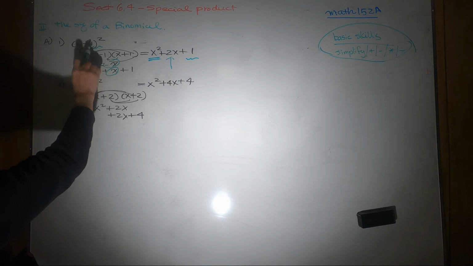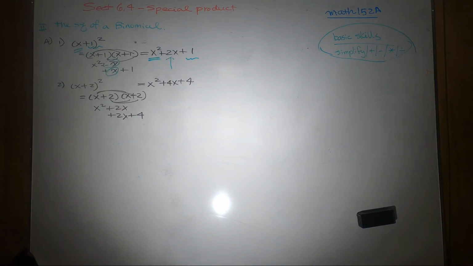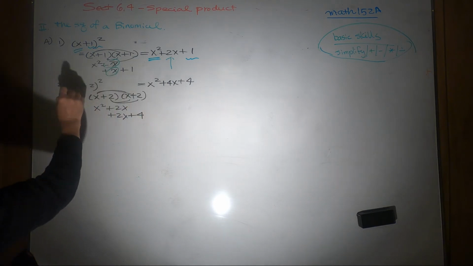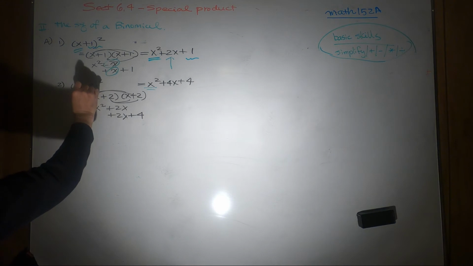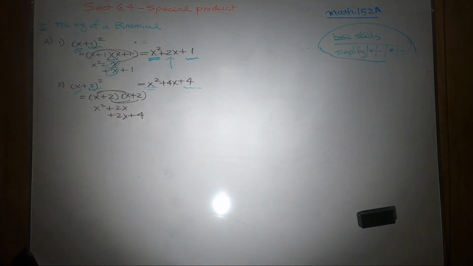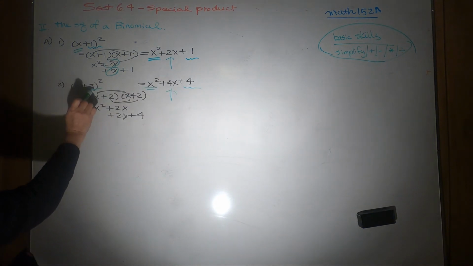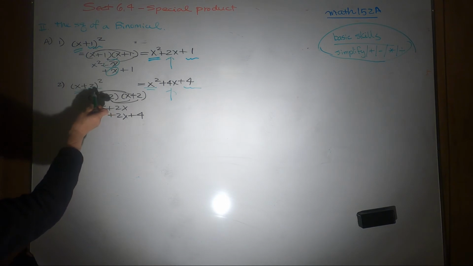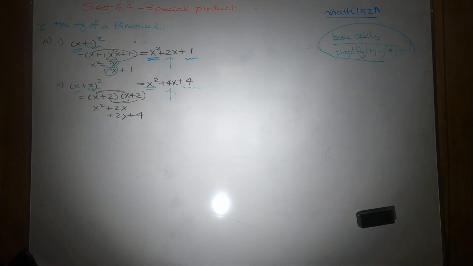That means you multiply these two things and double it would be your middle one. So like this one, x would be x squared. Then 2 squared would be 4, right? The middle term would be x times 2, 2x. And double it would be 4x. Right?